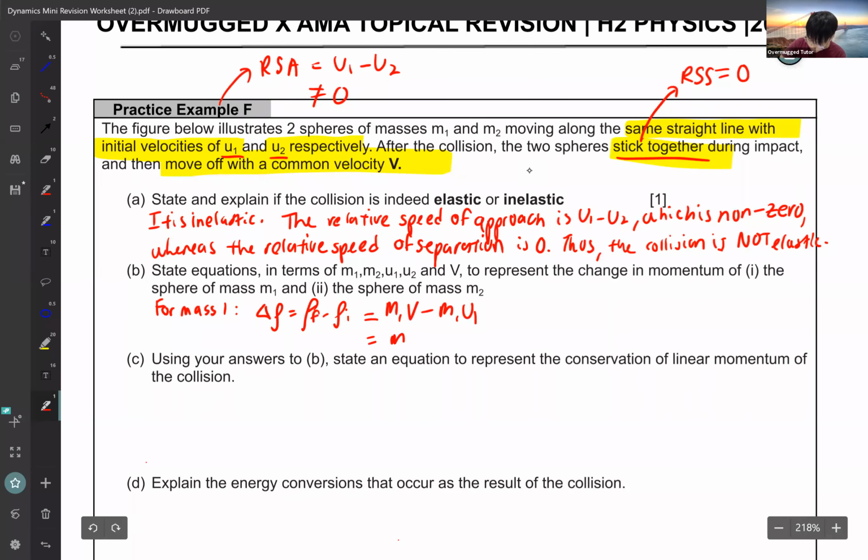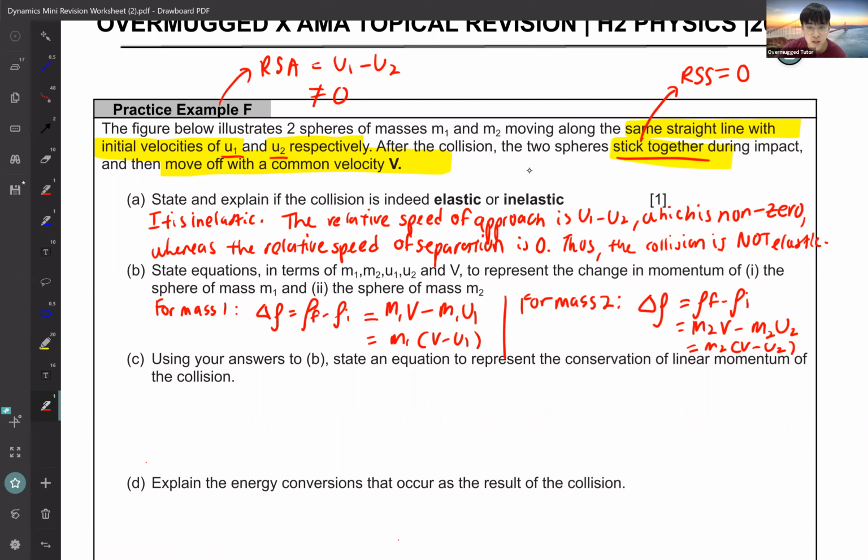So it's just M1(V minus U1). Okay, next one for mass 2. Change in momentum is just p final minus p initial, and it's M2V minus M2U2. So it's just M2(V minus U2). Done.